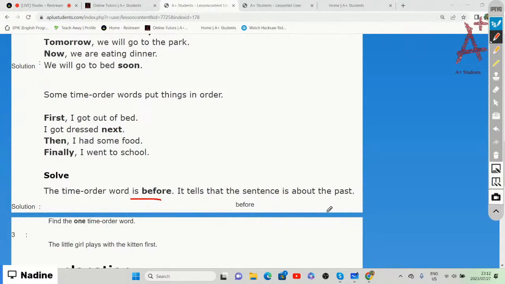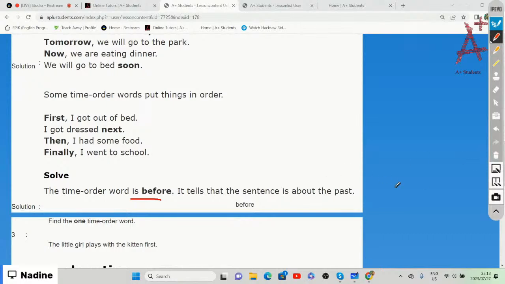Saw, did see it already, if we were to put it in simplest terms. So the word before is our time order word, and it tells that the sentence is about the past.